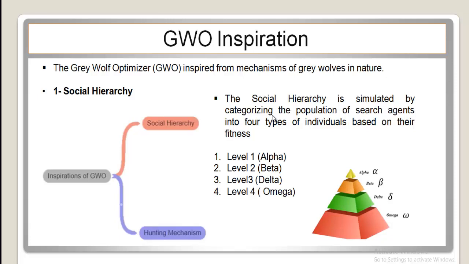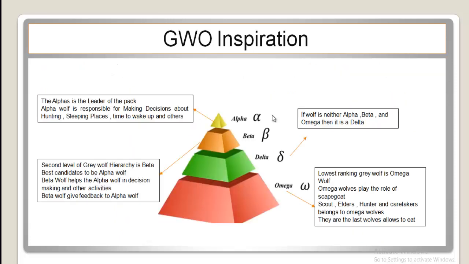In the social structure of the grey wolf pack, each wolf has a specific role, and these roles inspire the mechanism within the grey wolf optimization algorithm. At the top, we have the alpha wolves. The alphas are the decision makers of the pack, guiding the group in activities such as hunting and sleeping.